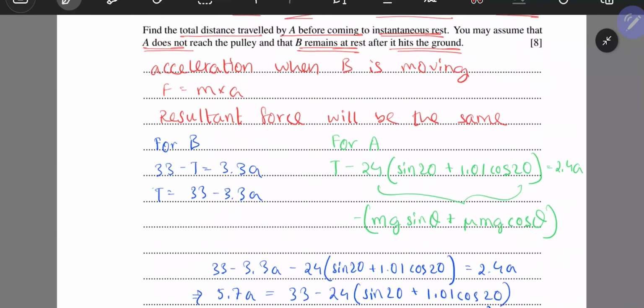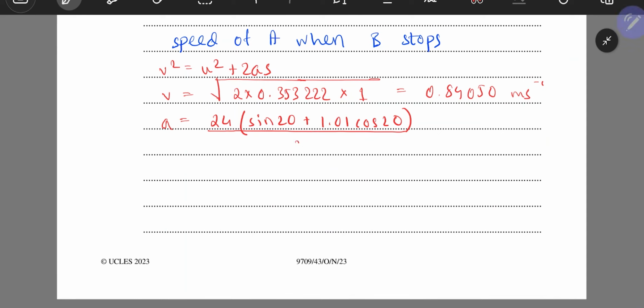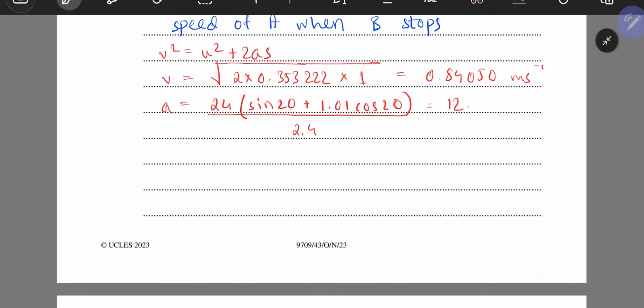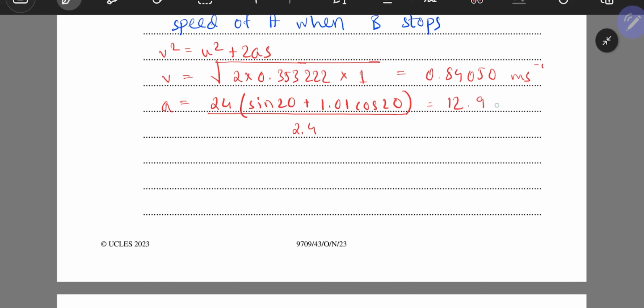Mass is 2.4. So our new deceleration should be 24 (sine 20 plus 1.01 cos 20) divided by 2.4. So our new deceleration is 12.911. So that is the deceleration. Of course, there will be a minus we need to add when solving.